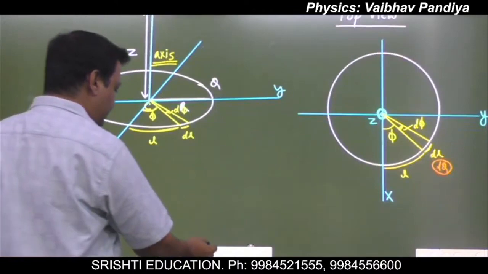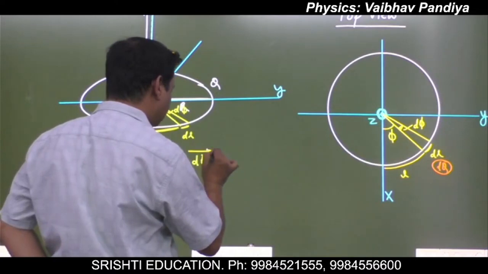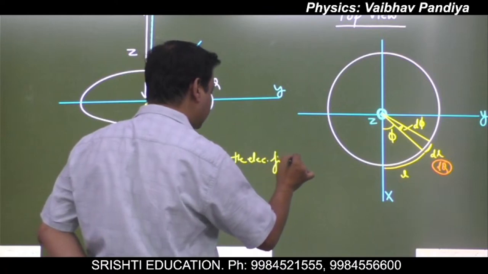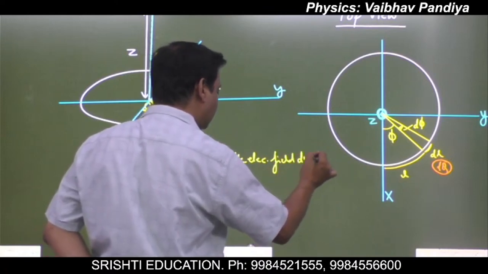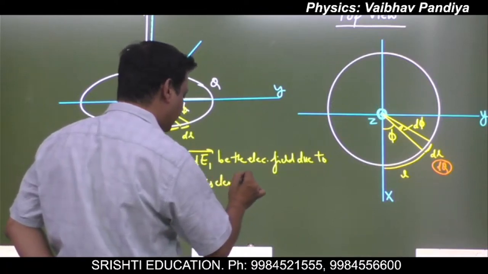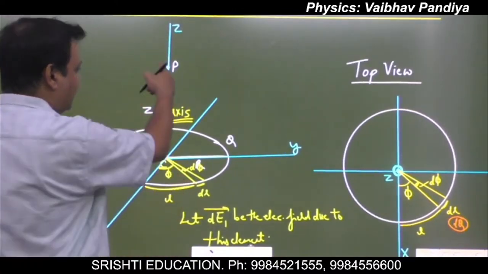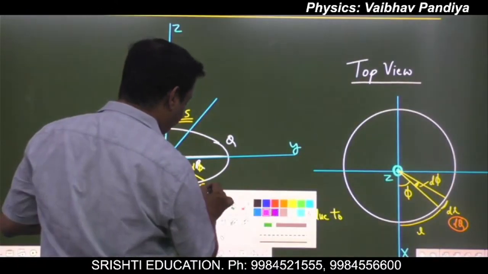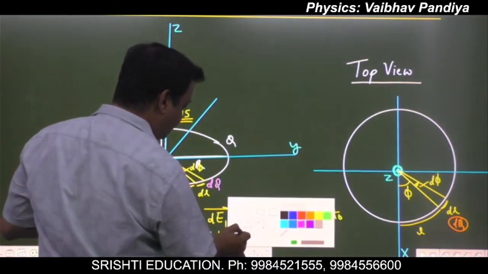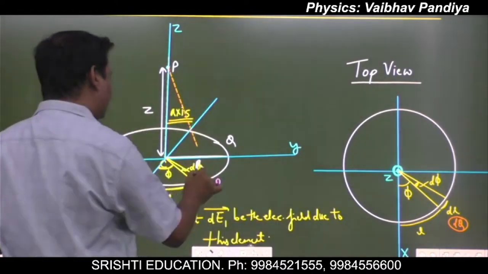So let dE1 be the electric field due to this element. If you want to make the electric field because of this element dq at P, the first step is to make a line joining the target point with the source.